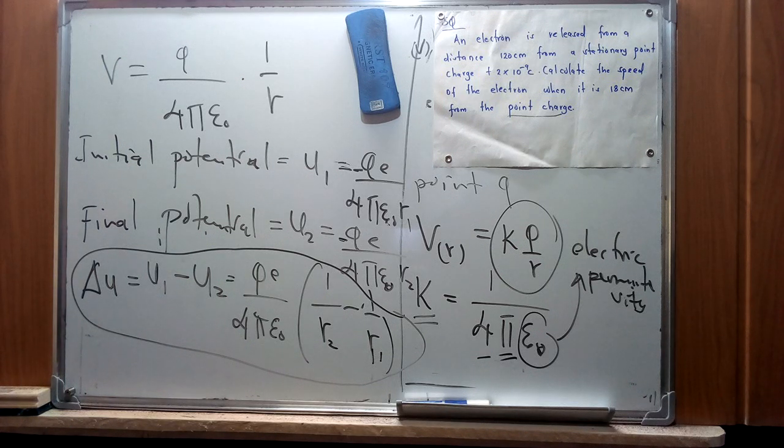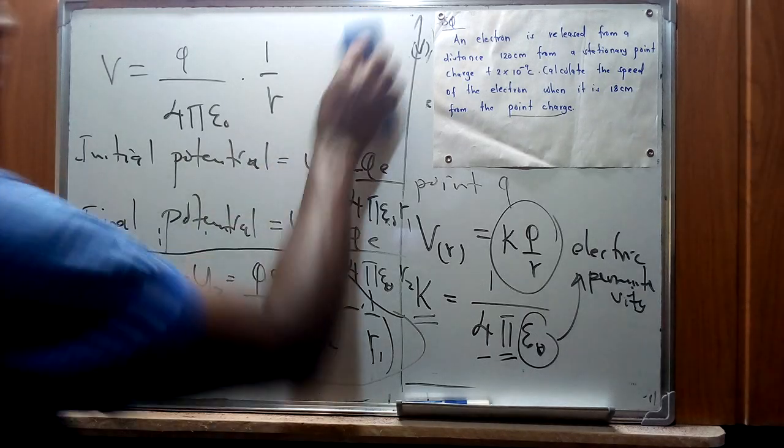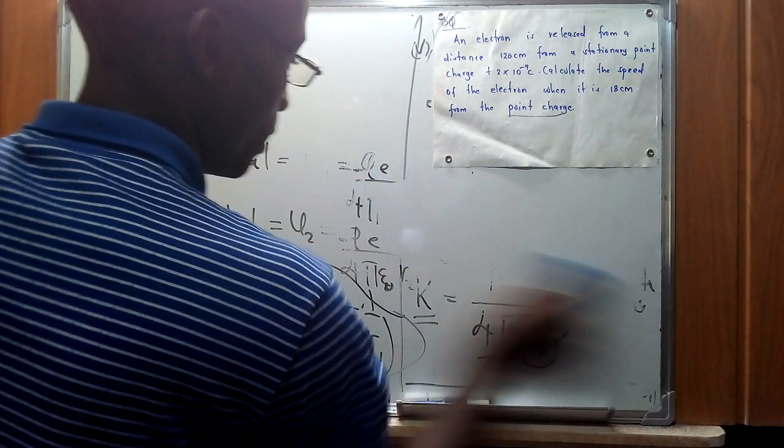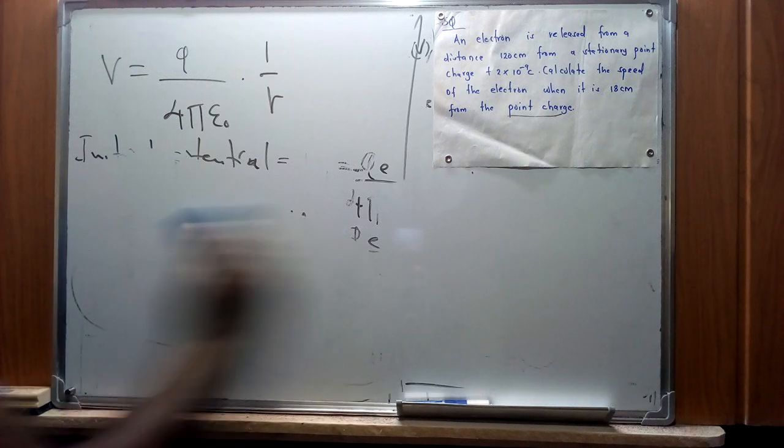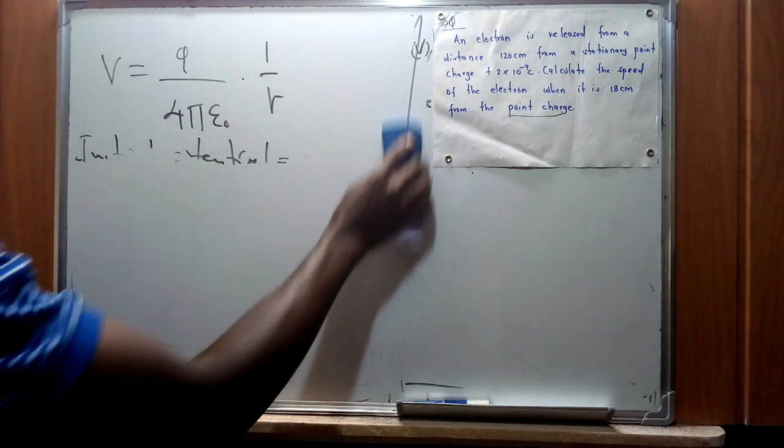Now in this case, the change in potential energy, I said, is the kinetic energy. Loss in potential energy is equivalent to kinetic energy, and that is from the work energy theorem, which of course I mentioned somewhere in between our discussion. So I'm just going to give that relationship so that we can have a conclusion on that.